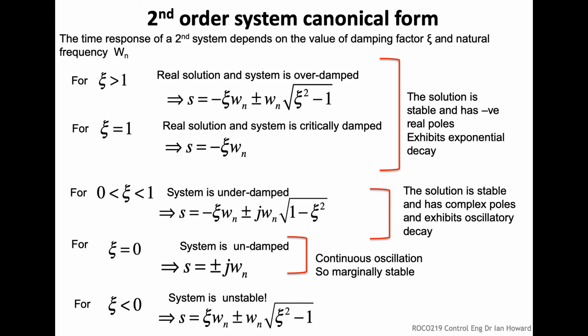If there's no damping at all, it's just oscillating forever. It'd be like a perfect pendulum that you let go. It goes backwards and forwards, it's not damped, so it carries on with the same amplitude forever. And that would be marginally stable. And if we have less than 0 damping ratio, then we've got unlimited growth, so we've got an unstable system.